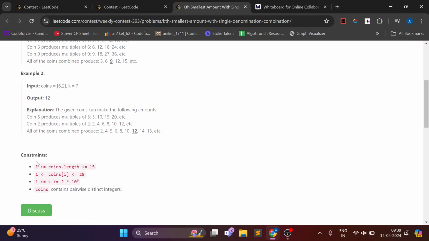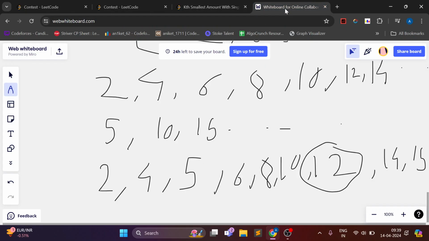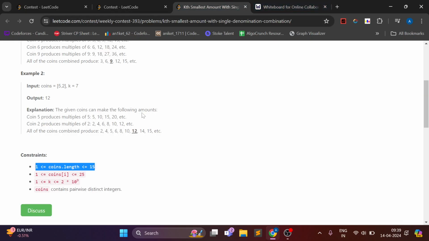Now it is important to understand these constraints also. Constraints are very low. Coins length is 15 and coins of i is less than or equal to 25. Now if you see those constraints, you kind of feel like bit masking is involved in this question. But before bit masking, there is something you should understand.